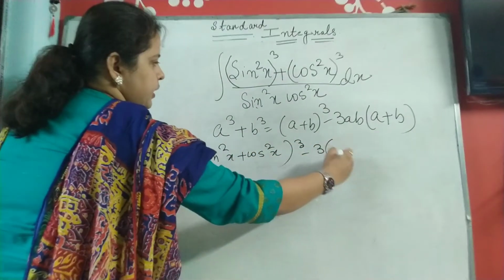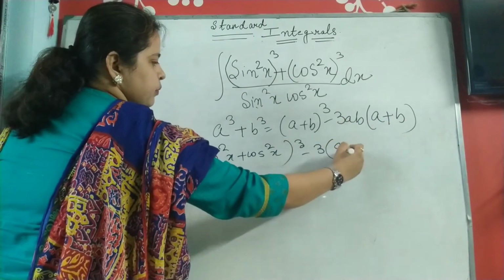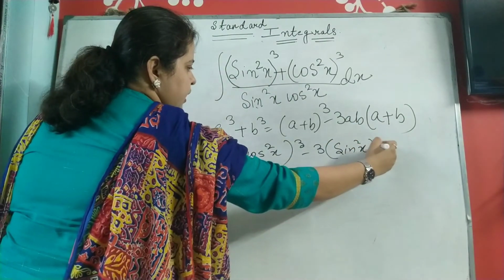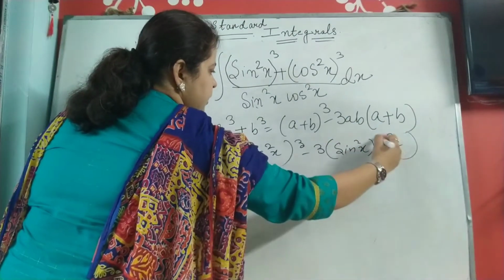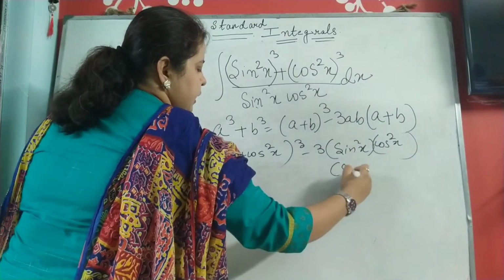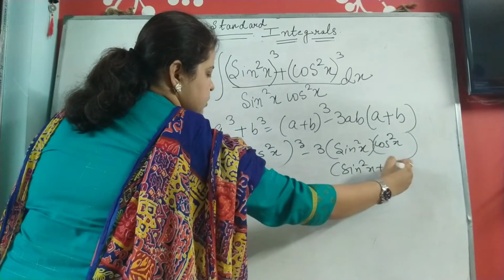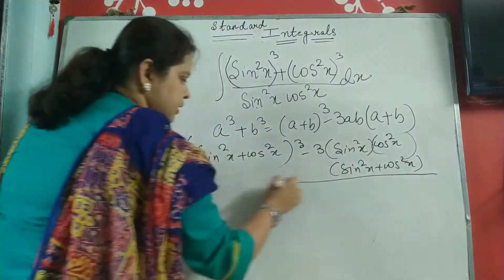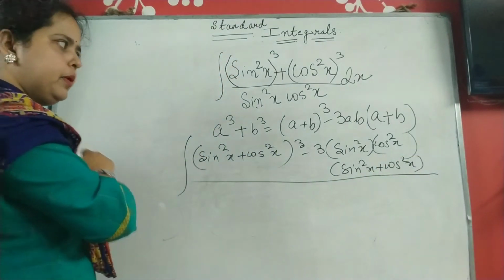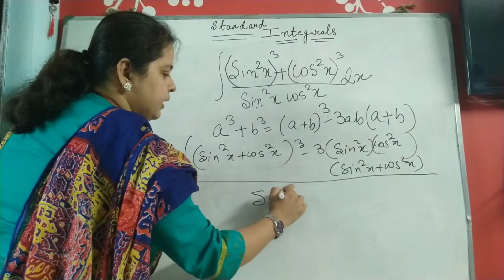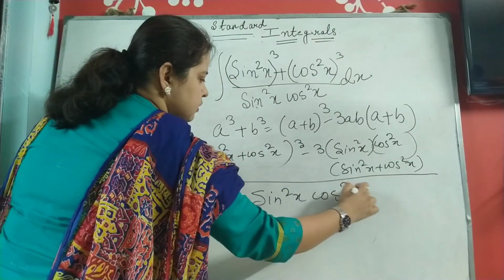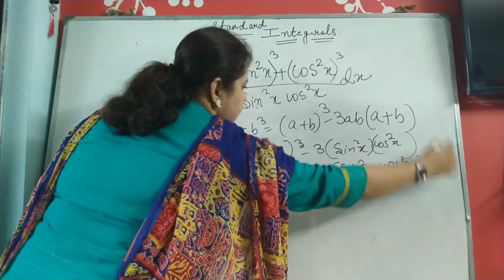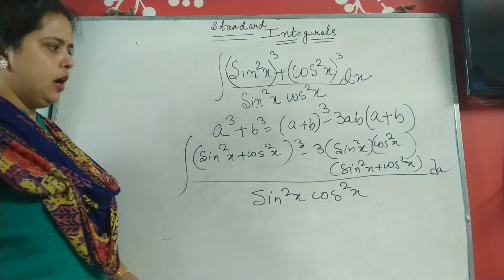This is a, this is b, and a plus b is sine square x plus cos square x. This is the entire numerator, and the denominator, and this is dx. Am I clear?